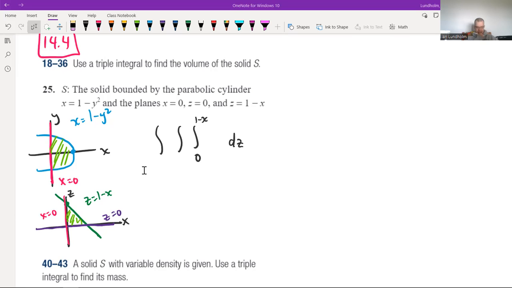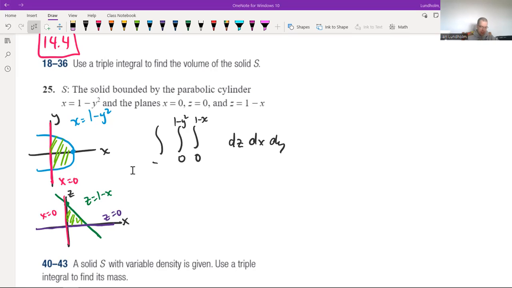Then x in the middle sounds good, going from x equals 0 up to 1 minus y squared, looking at the first picture that we drew. And then when we integrate with respect to y at the end, it looks like that's going to be negative 1 to 1.